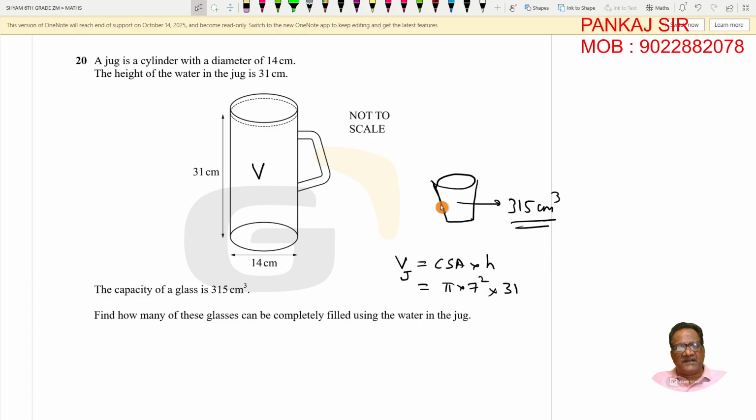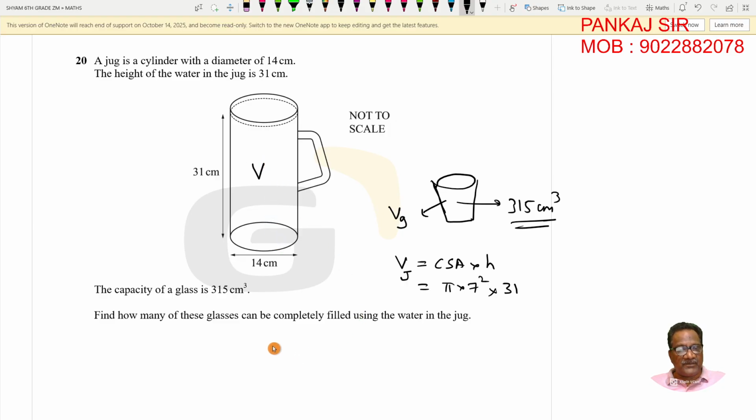Now let us assume that Vg is the volume of the glass. The full capacity of the glass is 315 centimeter cube. They have asked how many glasses can be filled with the water in the jug.